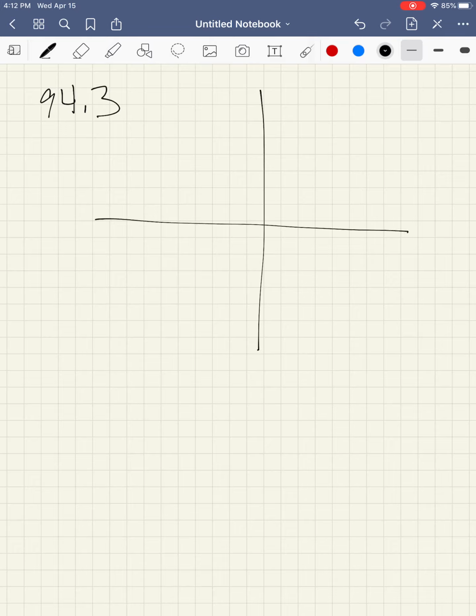X equals y squared is the parabola that does this. And y equals 2, so we'll say this is 2. Completely enclosed by that and the y-axis, so it's this area right here.